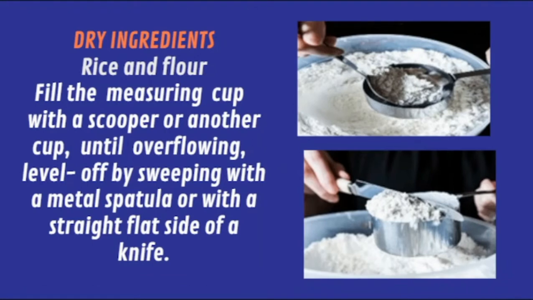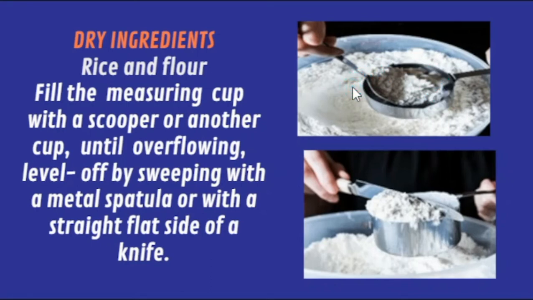Okay, for dry ingredients. Now, this is how to measure dry ingredients such as rice and flour. Look at this picture over here. What you need to do is to fill the measuring cup with a scooper or another cup until overflowing.